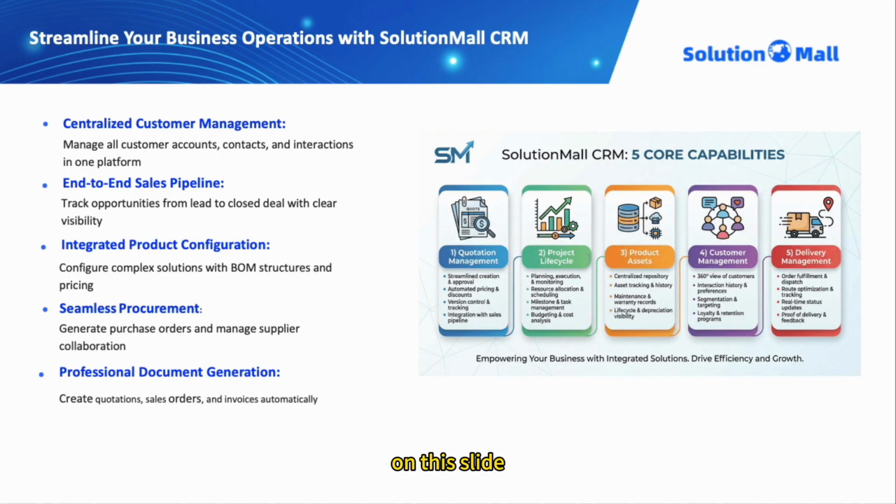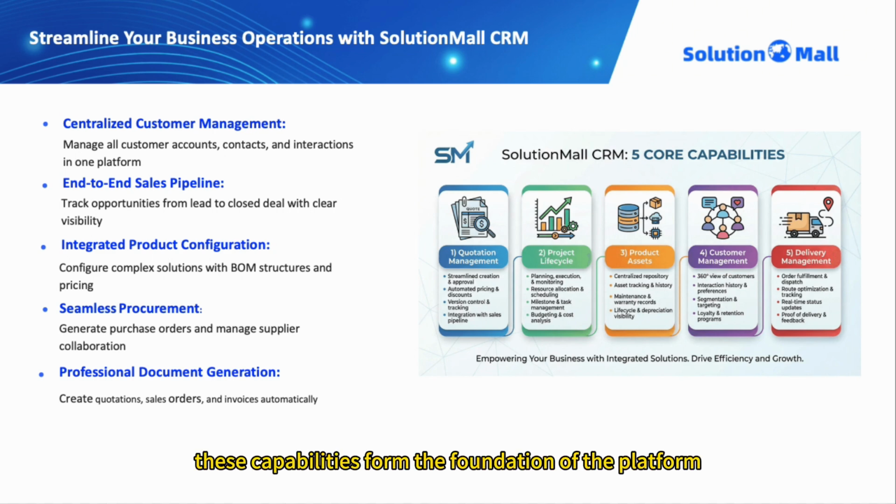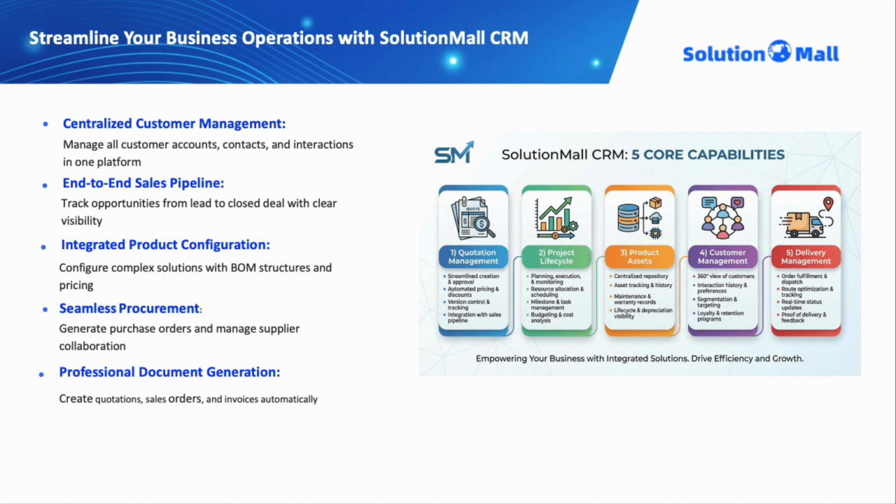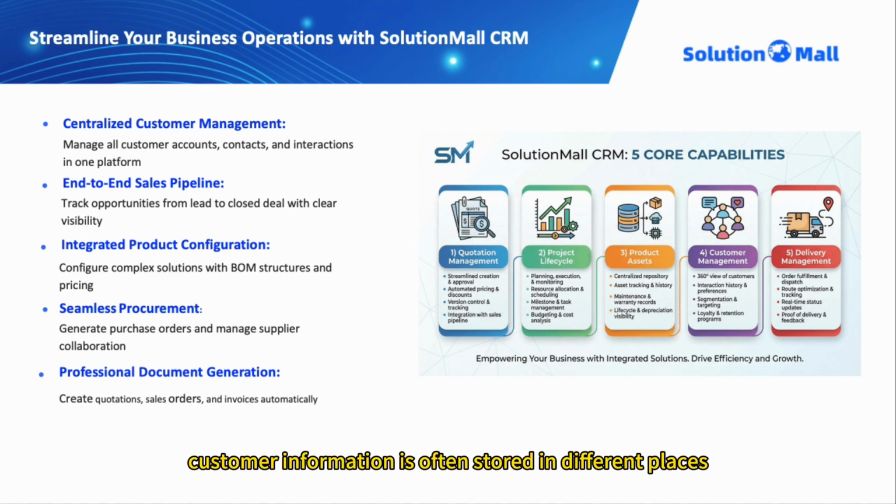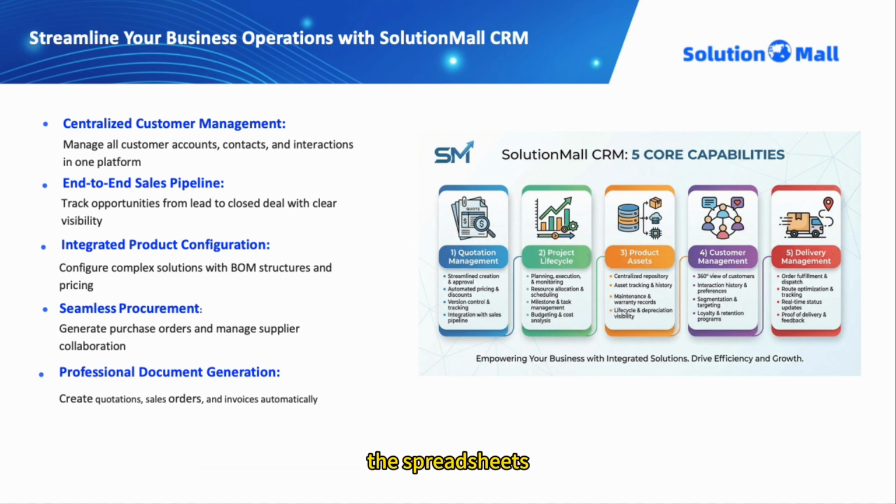Now on this slide, we summarize the 5 core capabilities of the SolutionMall CRM system. These capabilities form the foundation of the platform and explain what the system is designed to help you achieve. Let's go through them one by one. First, we provide centralized customer management. In many companies, customer information is often stored in different places: emails, personal notes, spreadsheets, or even different software tools.